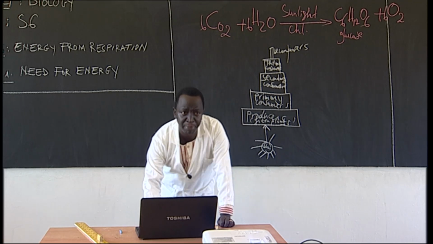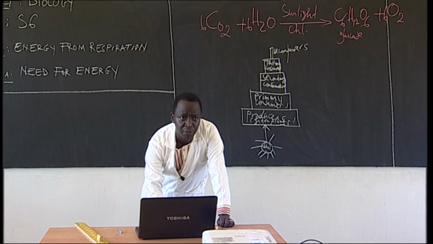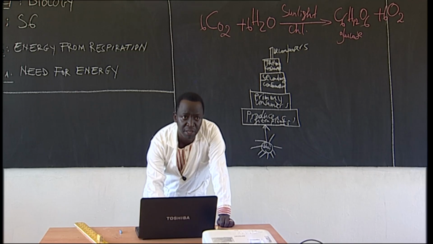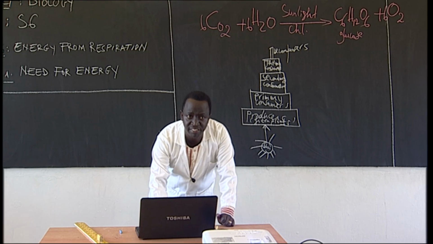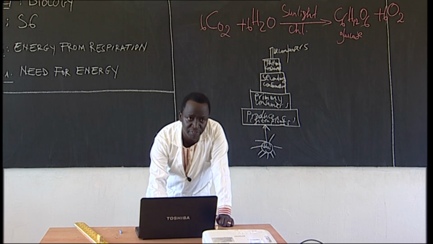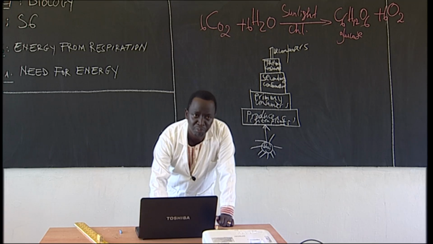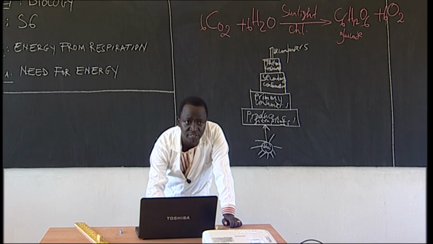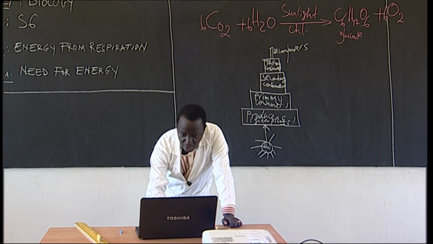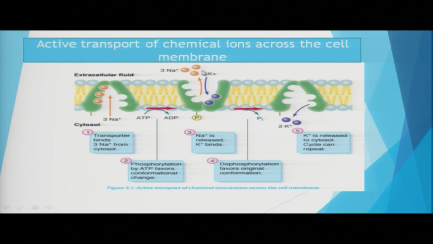What's happening? Look on the diagram. Look on the screen. Suppose we need these ions, potassium ions. We need them from outside of the cell, then we need them inside. To move across this cell membrane, this is what you call the cell membrane, we need energy.